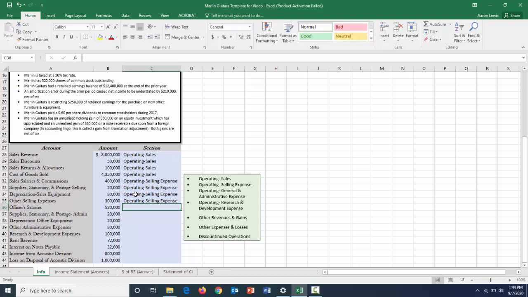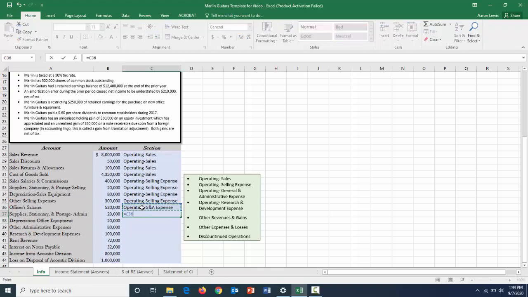Next up, we have our officer salaries, and they're the people that run our company. So that is going to go into our operating, and I'm going to call it G&A for general and administrative expense section. After that, we have our supplies, stationery, and postage that our administration is using.